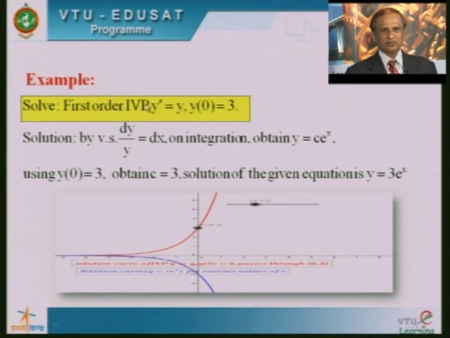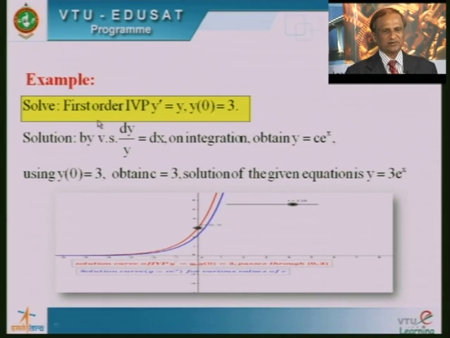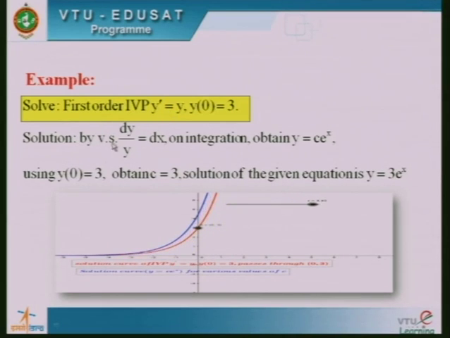Here, instead of writing dy by dx, we can write y prime, and they have given one condition, y of 0 is equal to 3. How do we find the solution of this differential equation? We are already familiar with many methods we discussed in the last semester. Here I am going to use one known method, namely variables separable.